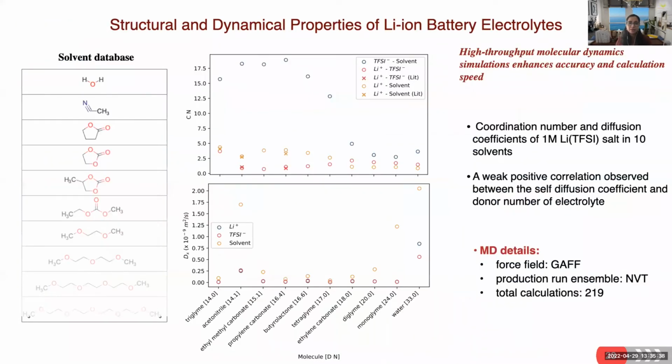So here is an example where we used LAMMPS workflow to compute structural and dynamical properties for liquid solutions relevant to lithium-ion batteries. Using the workflow, we handle a few hundred of these files. These are on the lower scale compared to DFT, to look at the coordination number of different species in the solution as well as their diffusion coefficient.